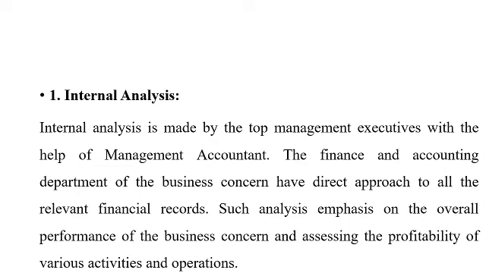Such analysis helps assess the overall performance of the business concern, as well as the profitability of various activities and operations. It's like internal checking. The analysis is made by internal people, maybe the accountant or the internal auditors.